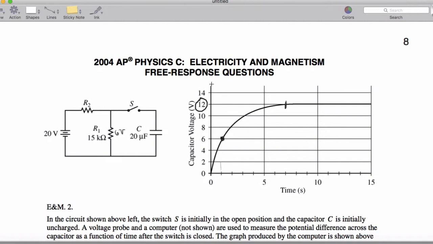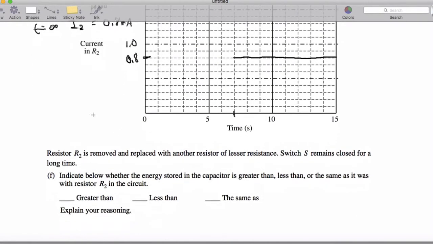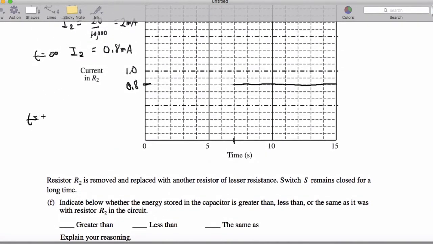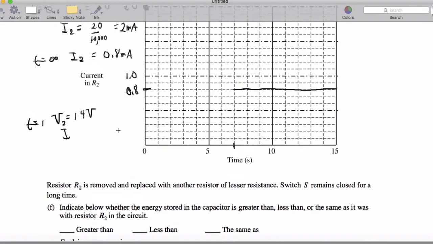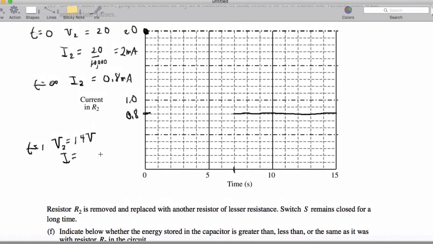And let's be clear then that the voltage across R2 is going to be 14 volts at time equals 1 second. So that means the current across it is going to be 1.4 milliamps.